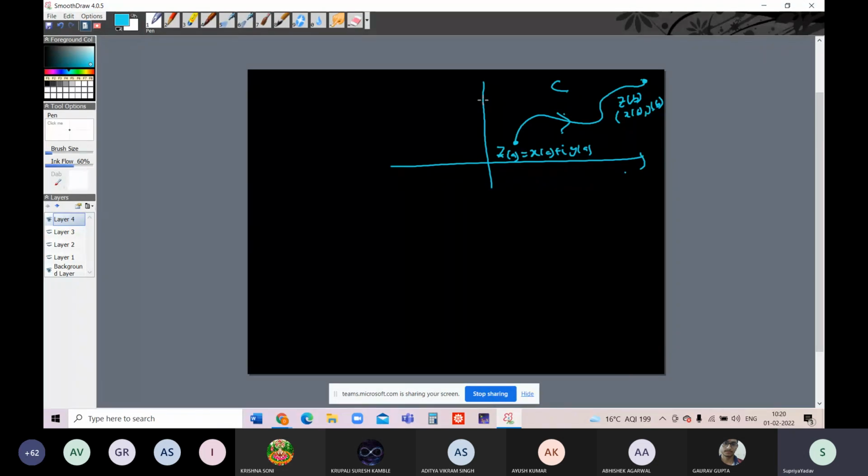So the increasing direction of t is called the direction of this C. The direction in which t increases from a to b is also called the positive direction for this curve C.